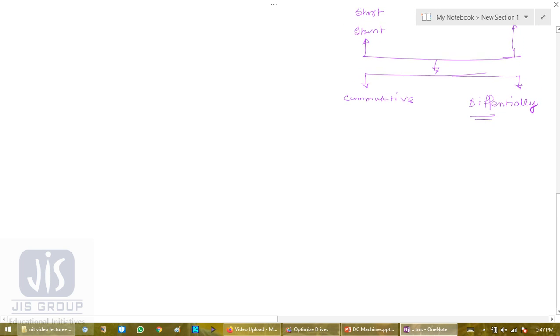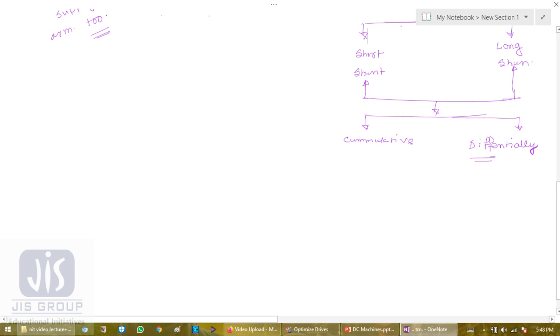Okay, so now first we will discuss shunt excited DC machines, shunt excitation. So first we discuss the DC shunt generator. Okay, so let me draw the figure.